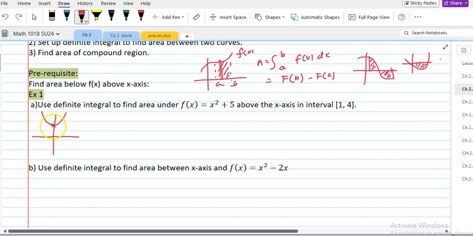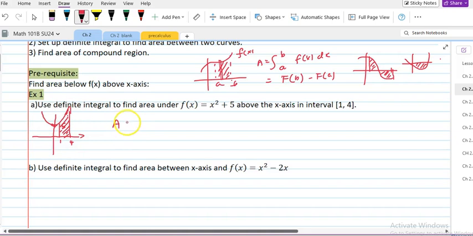And above the x-axis, the x-axis is y equals 0, so it's this one. And the interval is 1 to 4. So I know the interval. On this interval, 1 to 4, f of x is above the x-axis. I don't have to worry about negatives or anything.